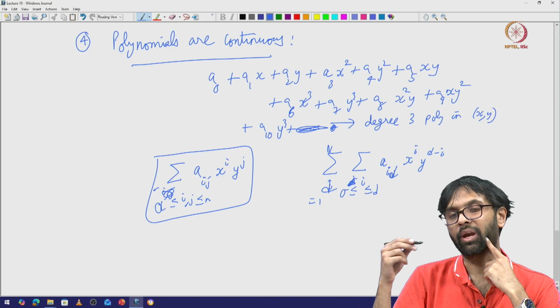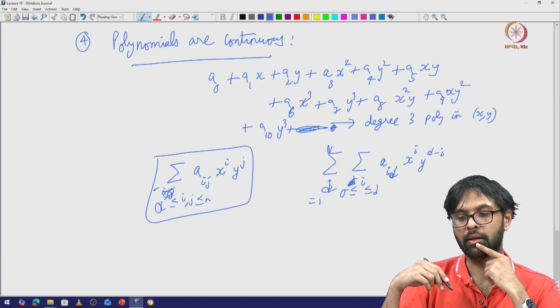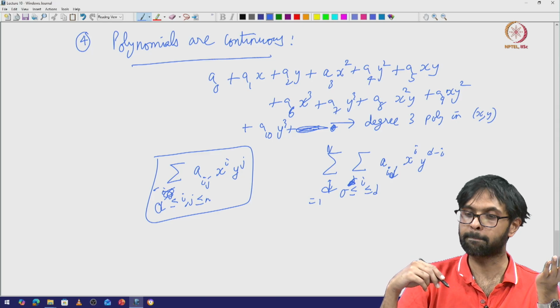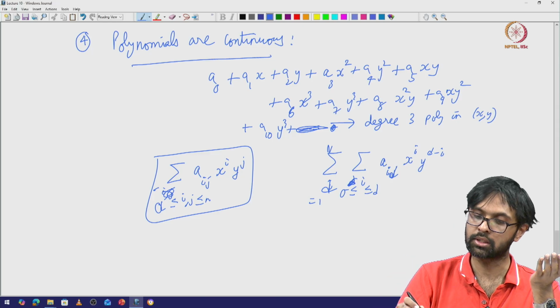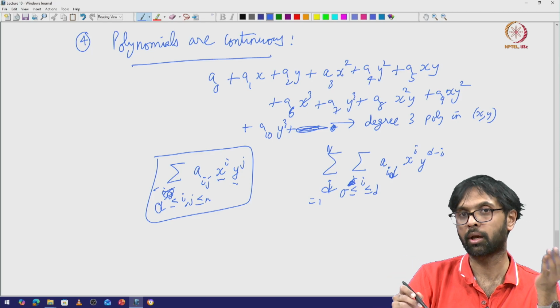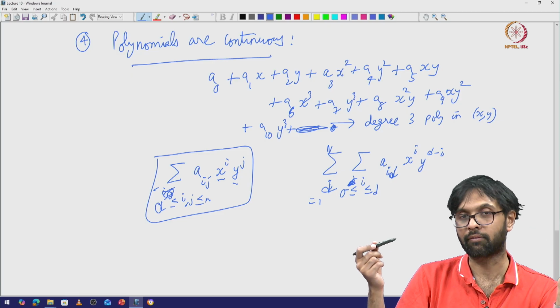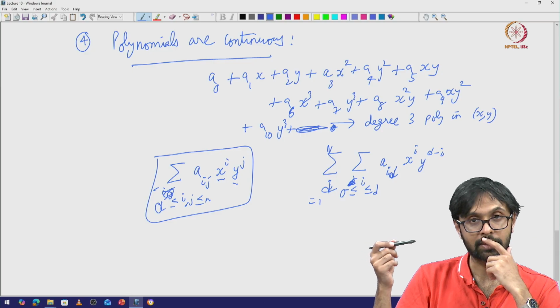This is one more way to write a polynomial. Nonetheless, now we know what a polynomial is. You take any power of x, any power of y, multiply them by some numbers and add them up, and it must be a finite sum. That's what a polynomial is.